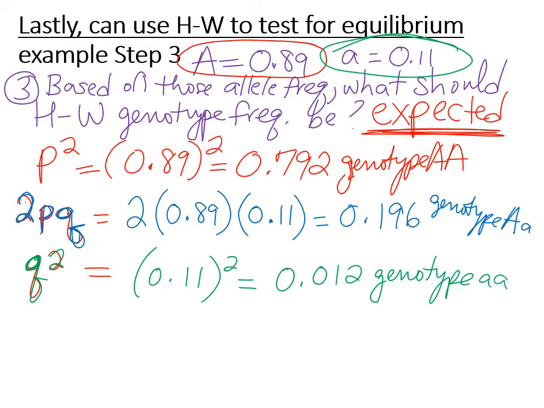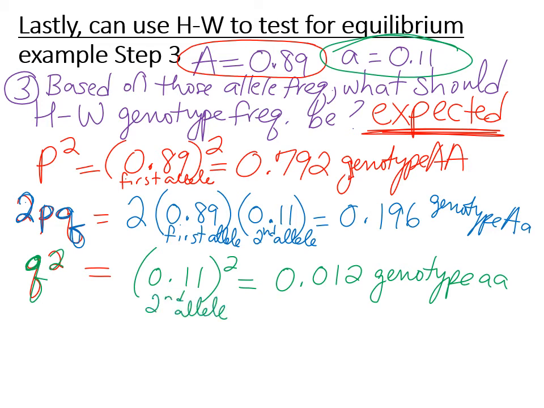Now you can remind yourself underneath each of these in your notes so you remember where you got it. The first one is our first allele. In the second equation, it's 2 times first allele times second allele frequency, and then the third one is your second allele, okay?